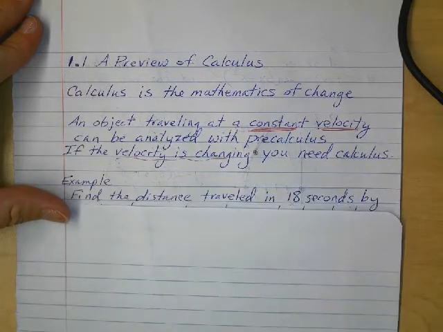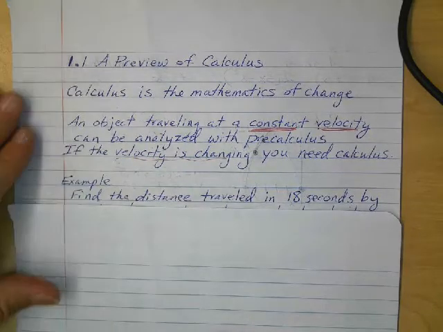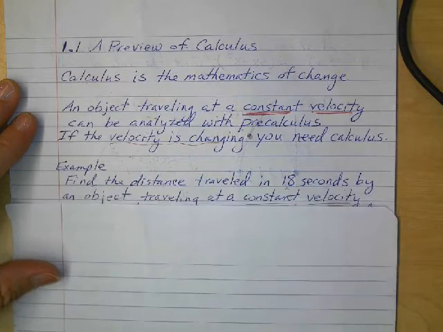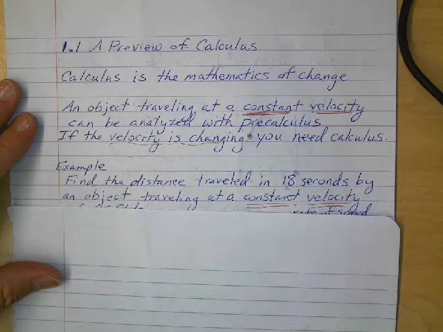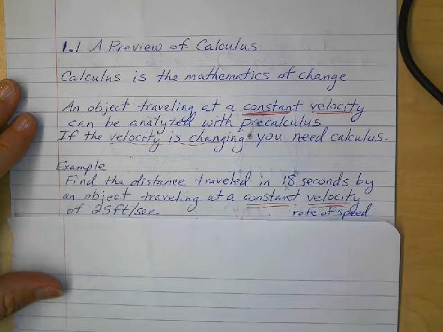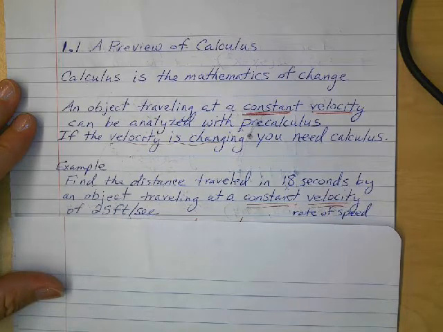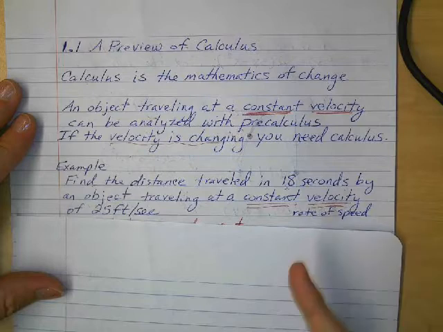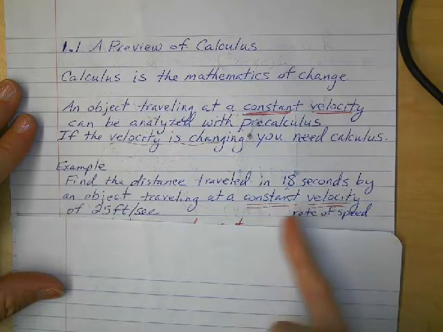Okay, so an example to go through together would be something like this. Find the distance traveled in 18 seconds by an object traveling at a constant velocity of 25 feet per second. Now, a velocity is a rate of speed, and there's those words, constant velocity.